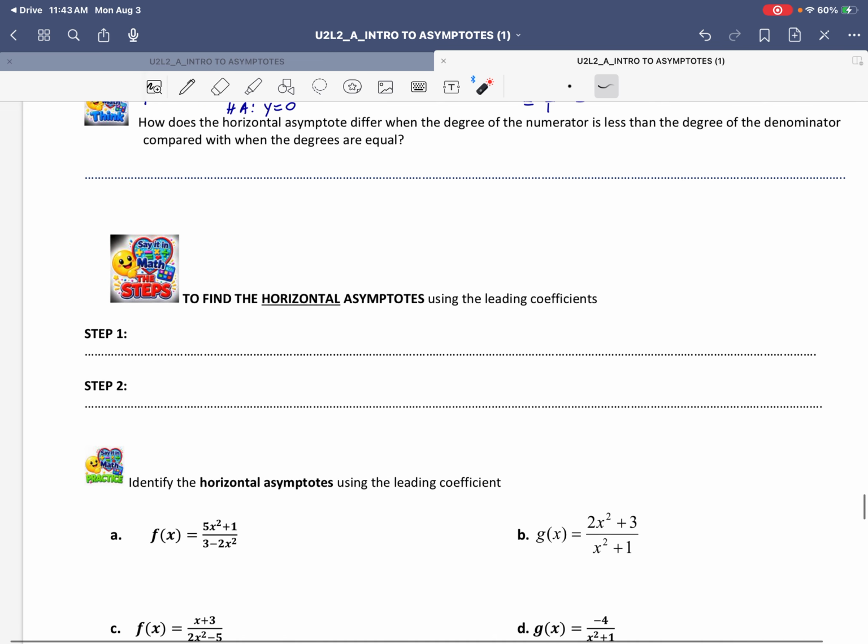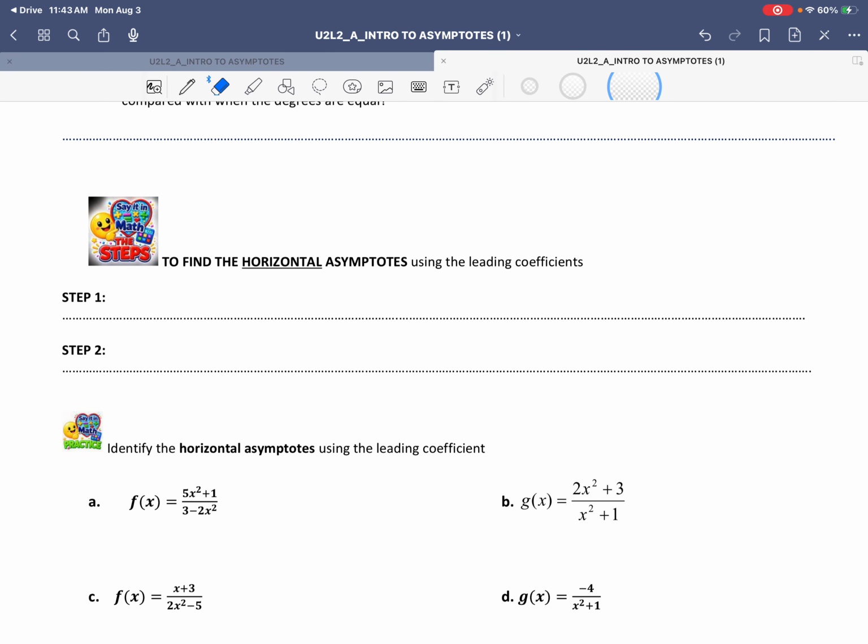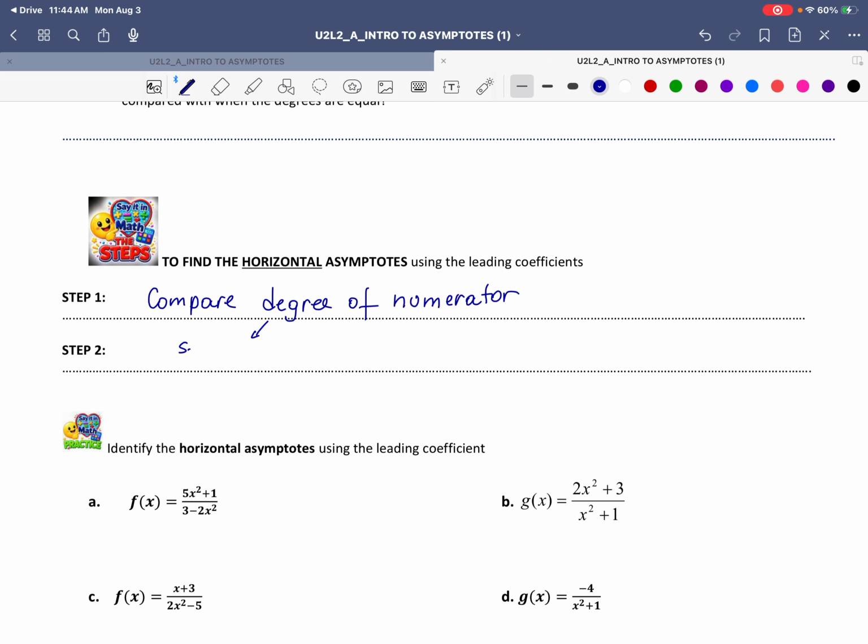To find the horizontal asymptotes, we always start off by comparing the degree of the numerator with the denominator's. If the degrees are the same, that's our step number 2, then we're going to say y equals the ratio of the leading coefficients.